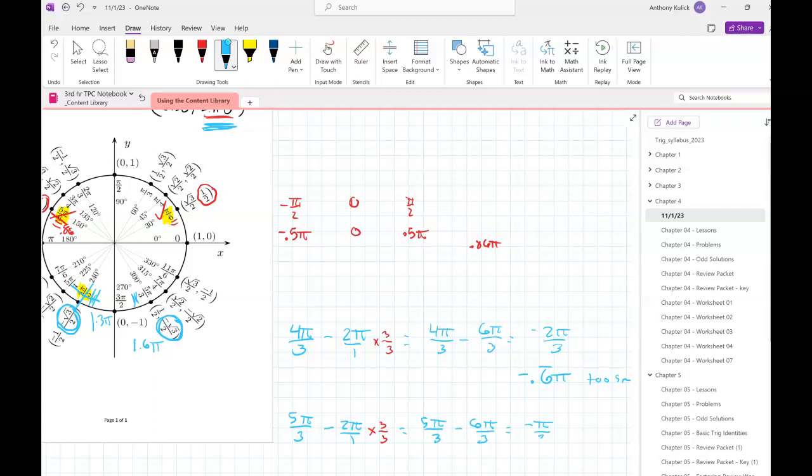That gives me negative pi over 3, which is negative 0.3 pi. Is that between negative pi over 2, or negative 0.5 pi, and positive 0.5 pi? Yeah. It is. So this is what the output's going to be.